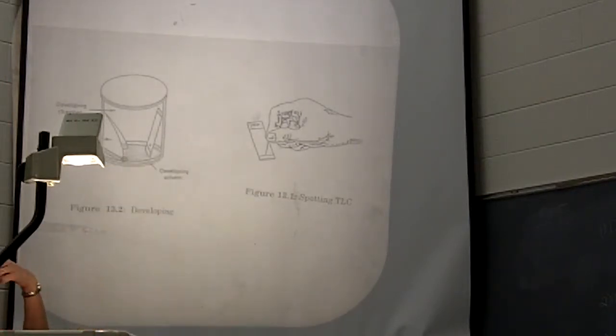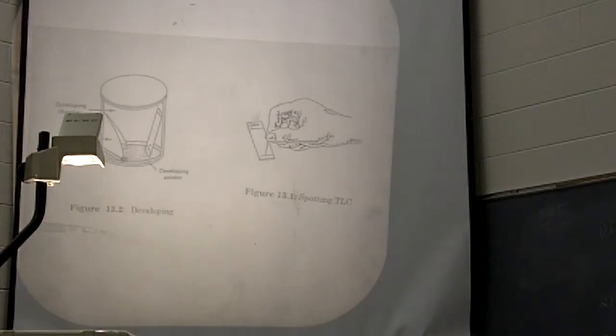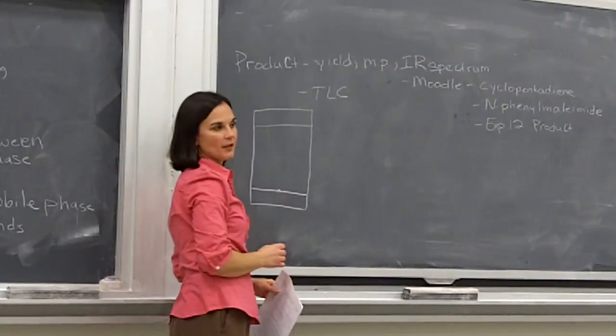So you stick your TLC plate in the developing solvent, and what's going to happen is as it's developing, that eluent's going to travel up the TLC plate, and eventually before it gets to the top, we want to pull it out, and then we're going to draw a pencil line at the top of the TLC plate, okay?